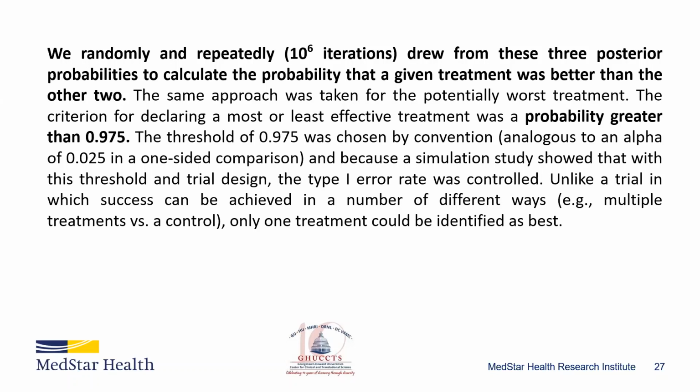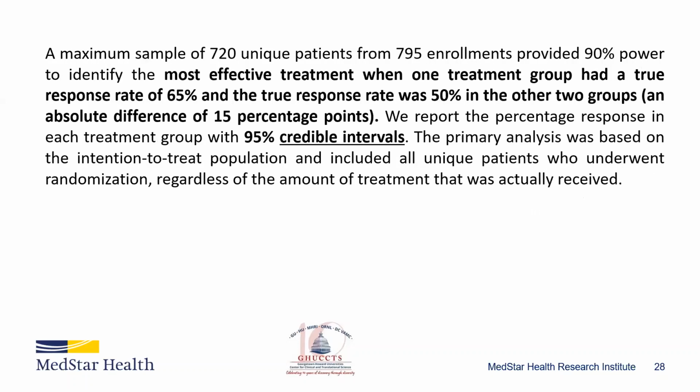Okay, so the idea here is that when you have your prior distribution, you get your data, then you're going to update your prior to a posterior distribution, but we do that through simulation. That is, we draw a very large number of simulations from the distributions.